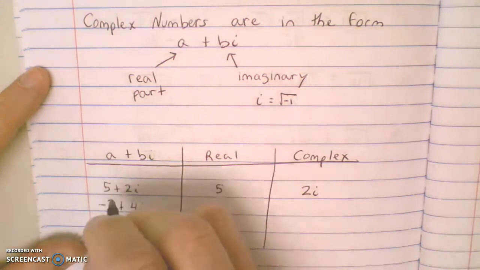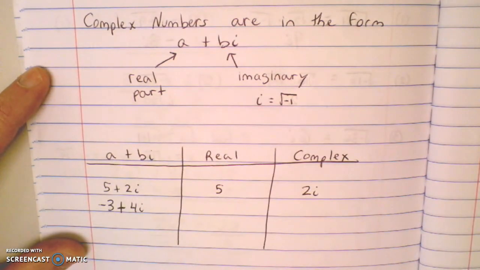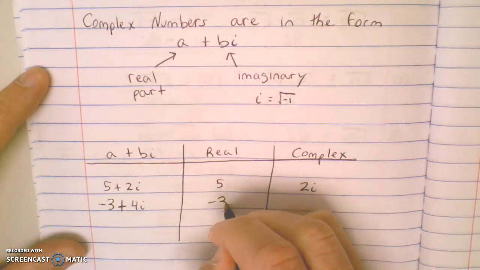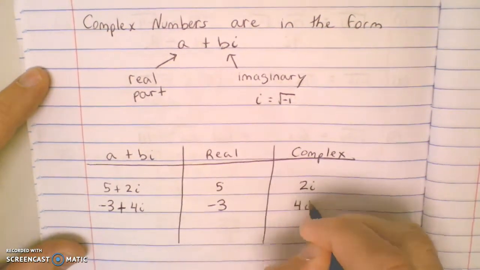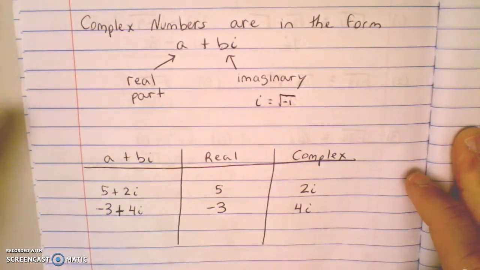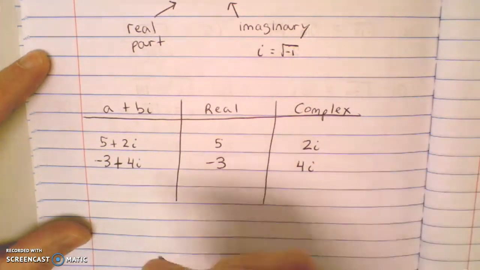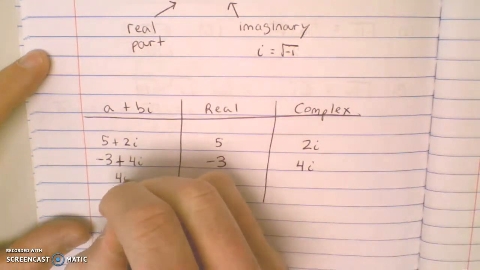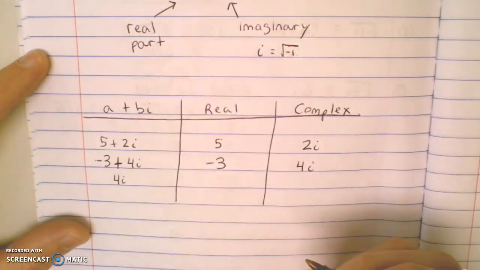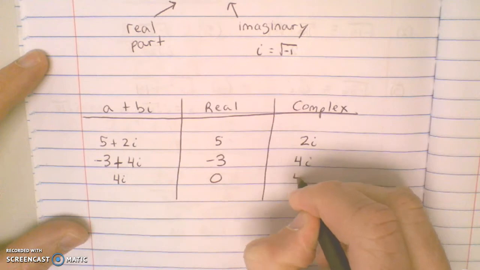If I gave you -3 plus 4i, the real part is the -3, the complex part is 4i. If I just gave you the number 4i, there isn't a real part to this one, so we put 0, and the complex part is 4i.